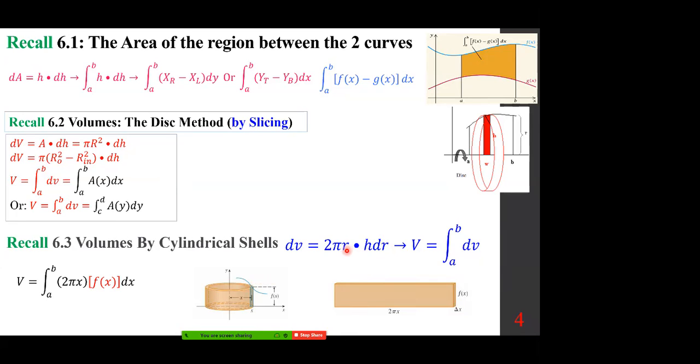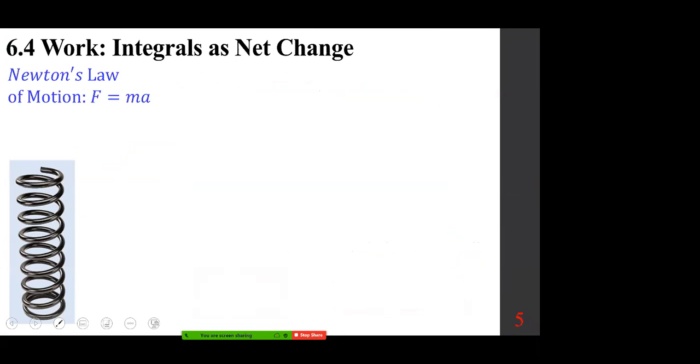All right. Now we're going to look at applications, 6.4 Work. So, integrals as net change. I hope you remember one of Newton's laws of motion, F equals ma. F is the force, m is the mass, a is the acceleration. Everybody remembers that.